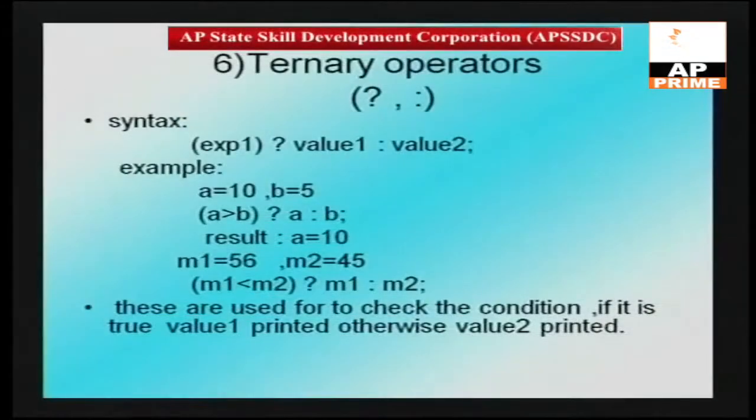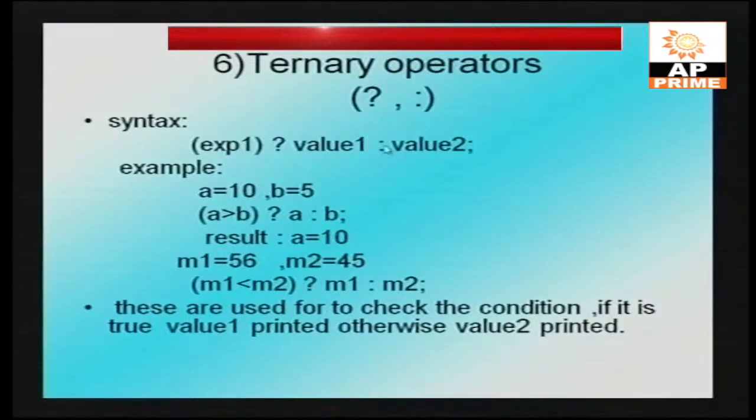What is one more category of operator you have? Ternary operators. These are also called conditional operators, ternary or conditional, both are the same. Question mark and colon, called the ternary operator. You see the syntax: expression, question mark, value 1, colon, value 2.